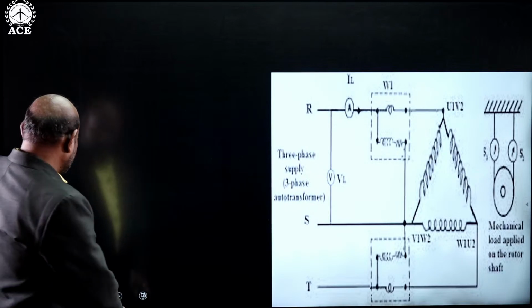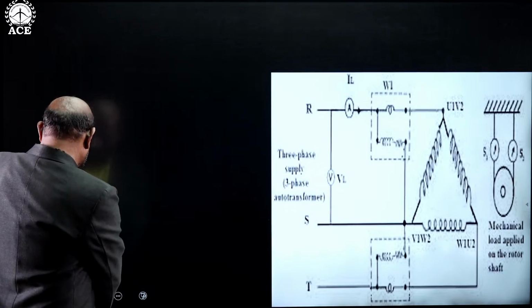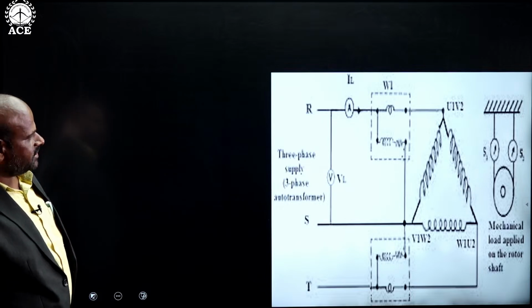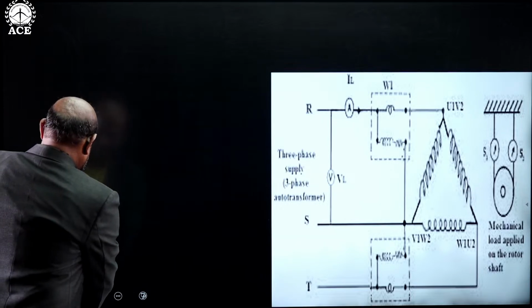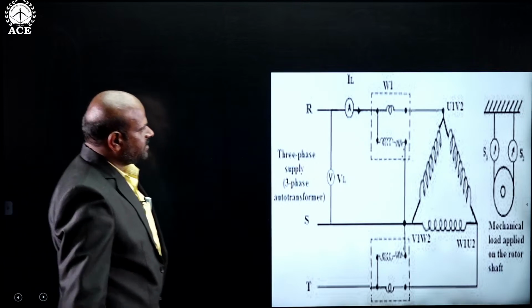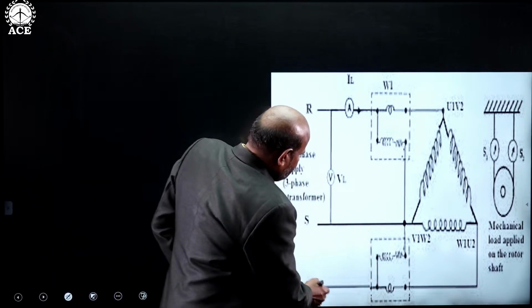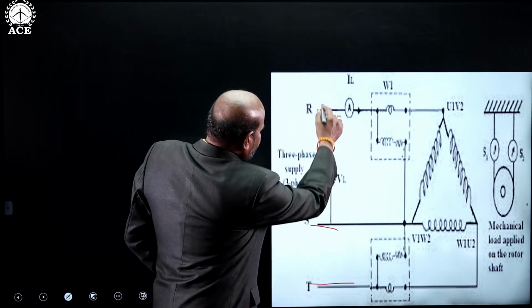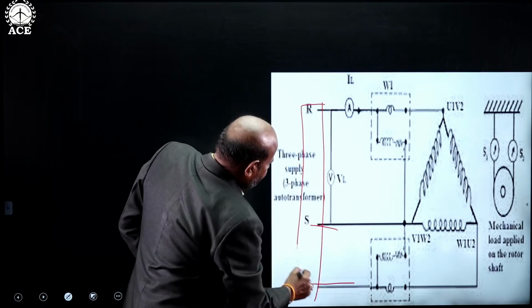Now this is the circuit diagram for the brake test. In our laboratory we can conduct this test. Here we give the three-phase supply, R, Y, B, by means of a three-phase variac.